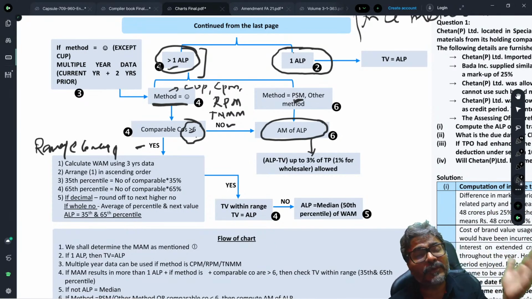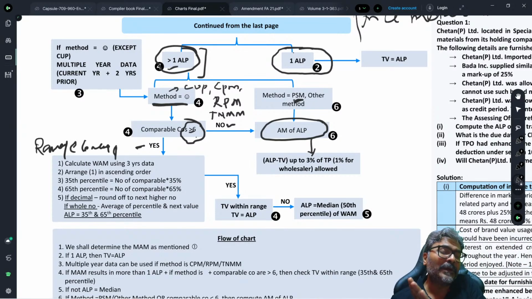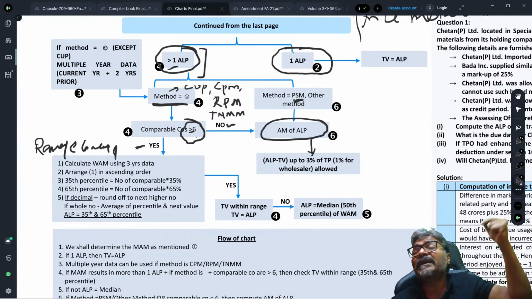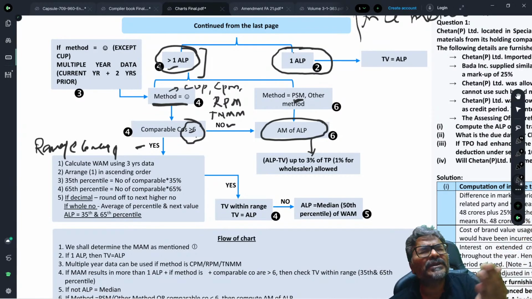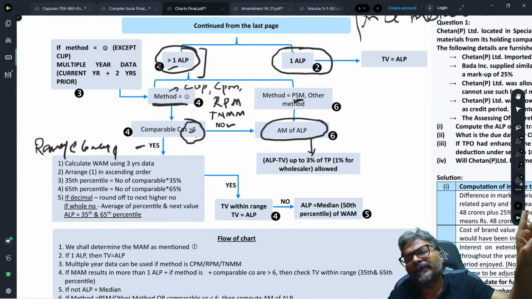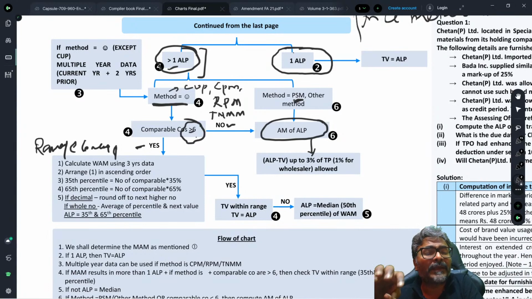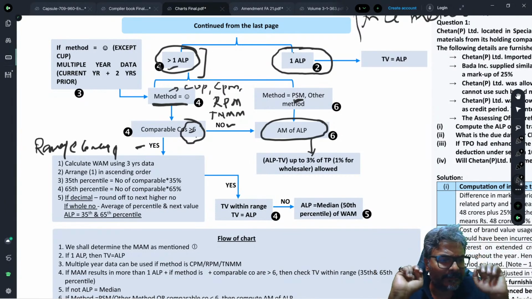Ascending order means from the lower value to the higher value. Give the numbering accordingly, like 1, 2, 3, 4. Arrange the data in ascending order and give the serial numbers accordingly. And thereafter, check how many data are there. Say, for example, the data is 7.